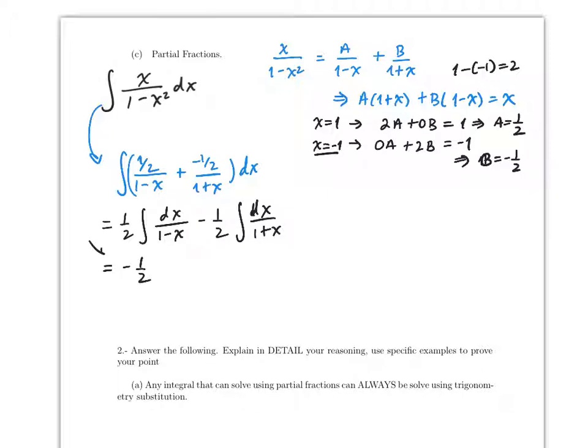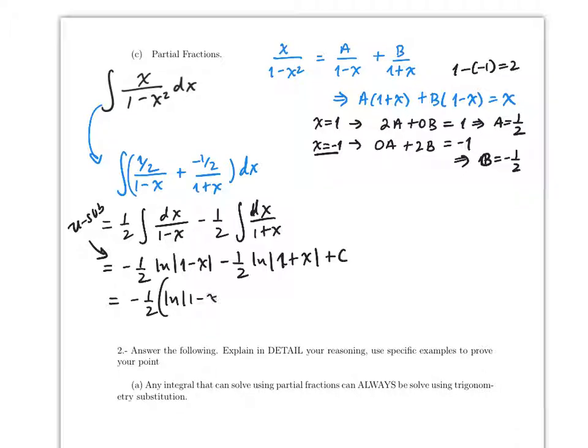You may want to use a u-substitution to get this part. ln of 1 minus x plus 1/2 ln of 1 plus x, all of this plus c. Alright, we can factor the 1/2, and it will give you ln of 1 minus x plus ln of 1 plus x.